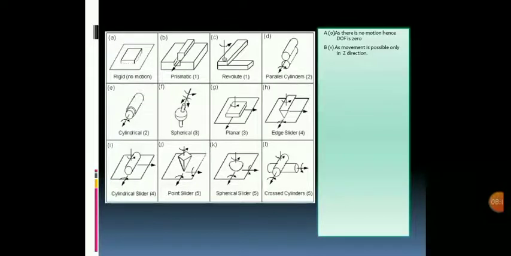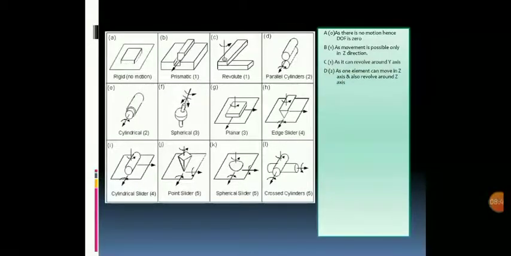Now if we go for picture C, in that picture you can see the vertical, there are 2 plates which are pin joint. The vertical plate can rotate about the vertical axis, so it can have degrees of freedom equal to 1.